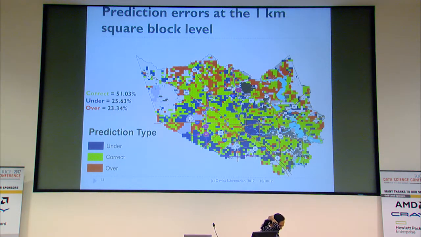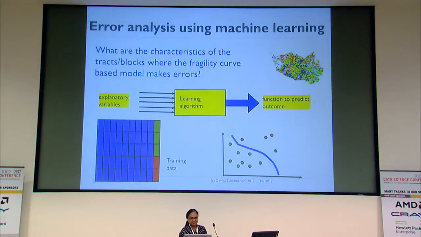So why does this model perform so poorly? What is the problem? Well, we have 800,000 homes, right? So let's do some error analysis using machine learning. What are the characteristics of the census tracts and blocks where the model makes errors? So we're going to follow an approach like this.